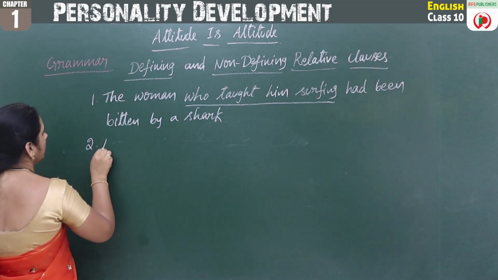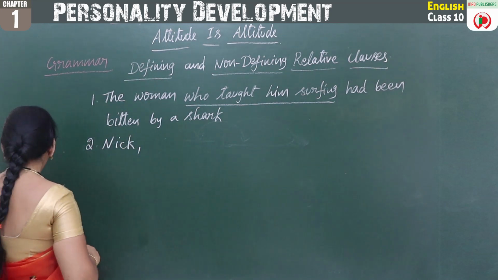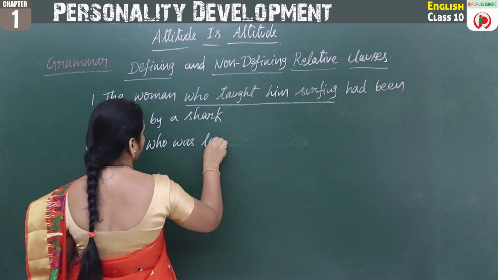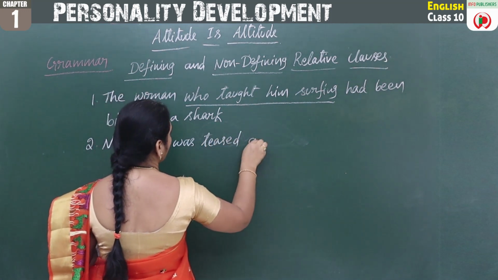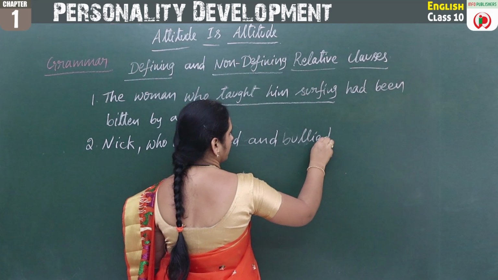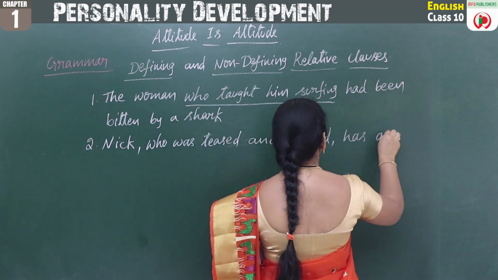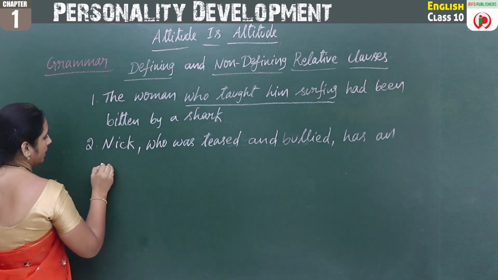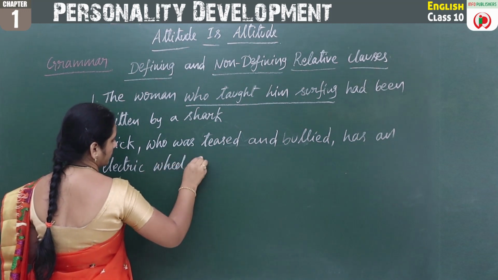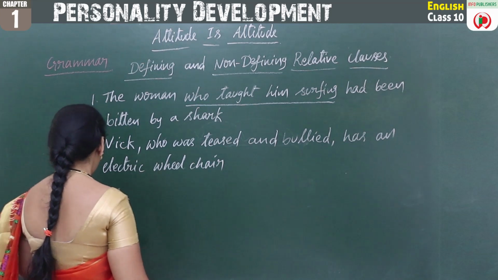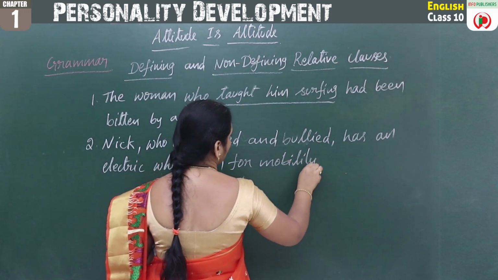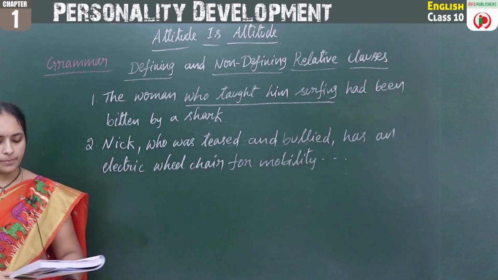And the second one: Nick, who was teased and bullied, had an electric wheelchair for mobility. So these are the two sentences we mainly have.